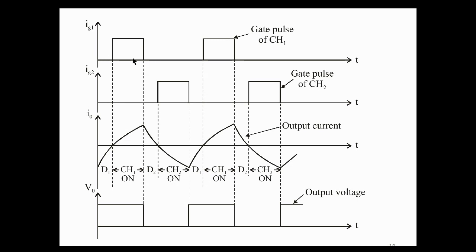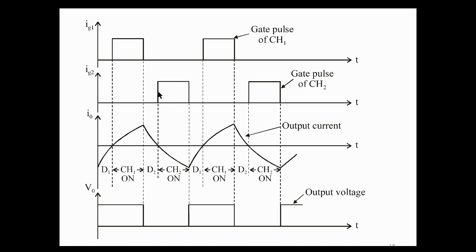At no time are the two choppers on at the same time. Chopper 1 is on, chopper 2 off. Chopper 1 is off, then we have chopper 2 coming on in this period.